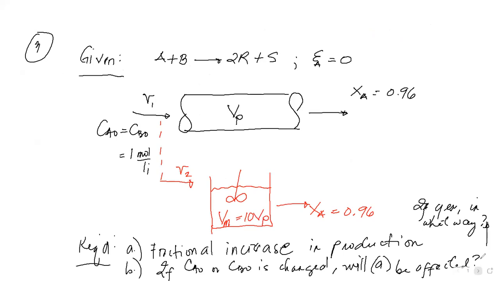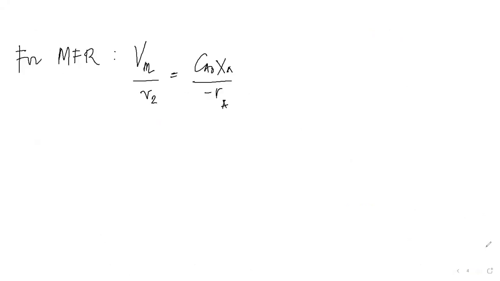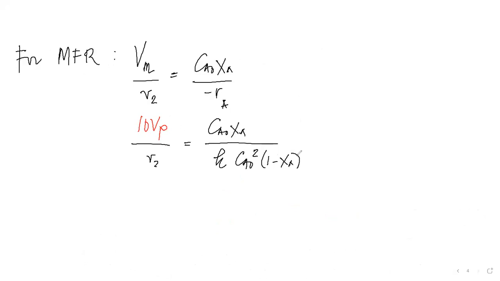And we can go to our next sheet and have it written the same way. So I will write here 10 VP. I will have here V sub 2, and I'll have here CaOXA. I will have here K CaO squared 1 minus XA squared, because this one is KCa squared. So your Ca was already changed to CaO squared, quantity 1 minus XA squared.